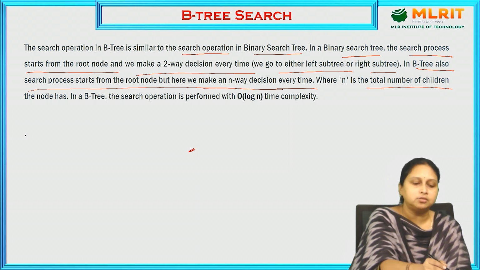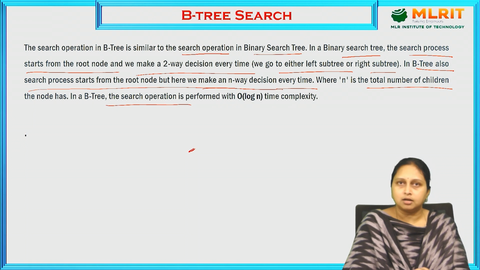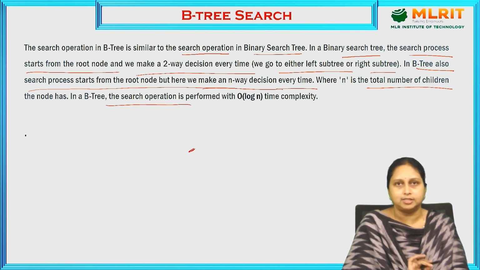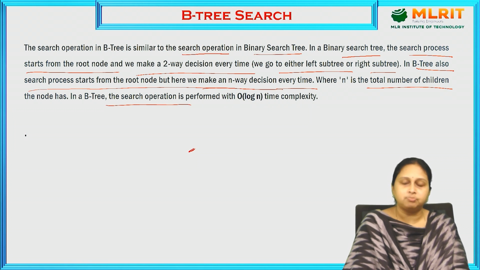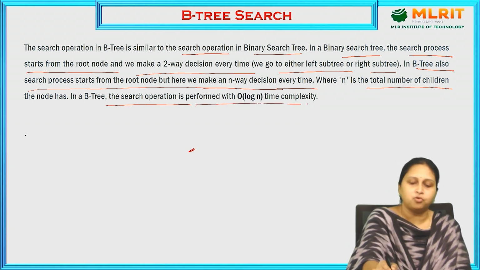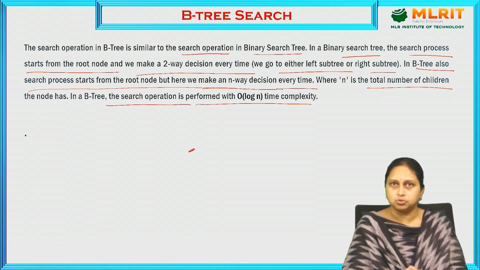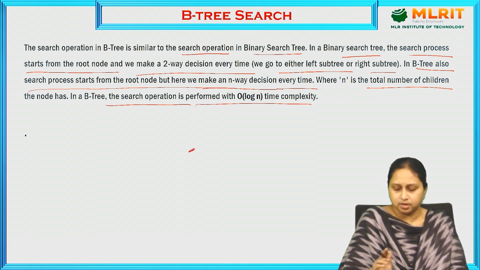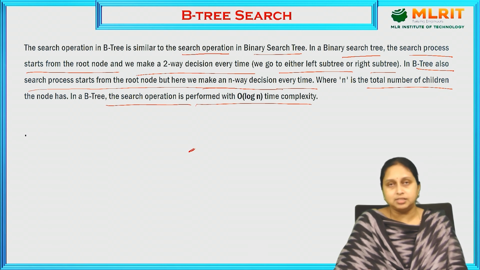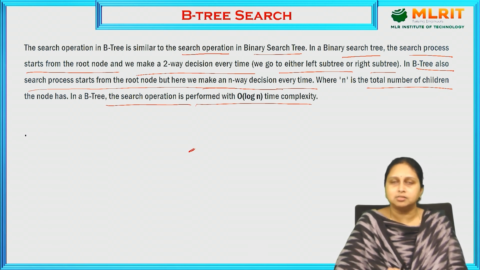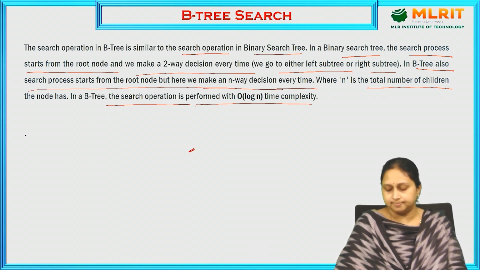From that we search for the particular key, whether it is present in one subtree or another. The B-Tree search operation takes O(log n) time complexity, which is the same for the binary search tree also. This is very simple if you know the binary search tree searching operation.